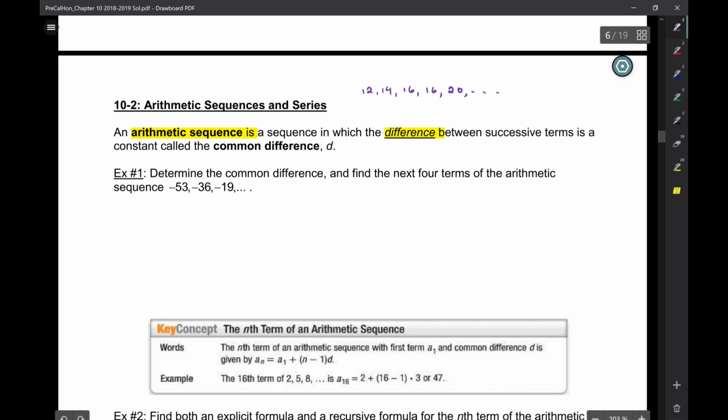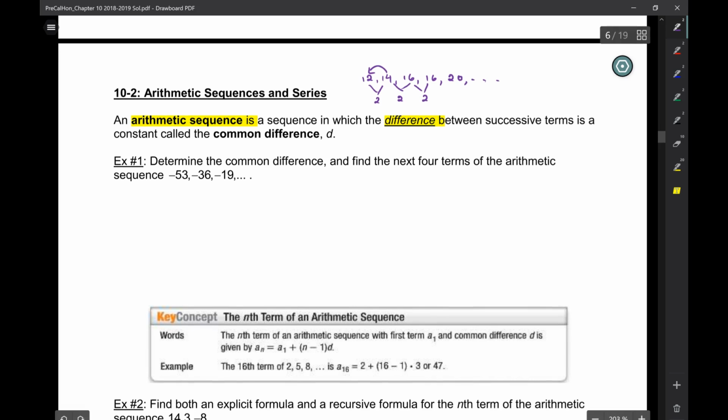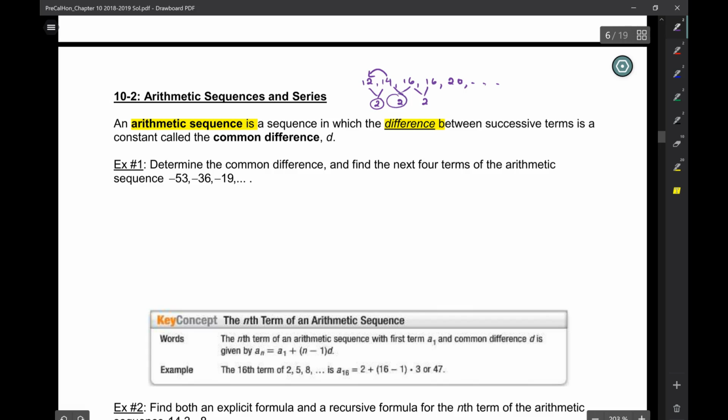So now, the difference between each successive term is 2. That's an arithmetic sequence. It's basically adding the same number over and over again. That 2, the difference between each term, we call it the common difference, and it's D.